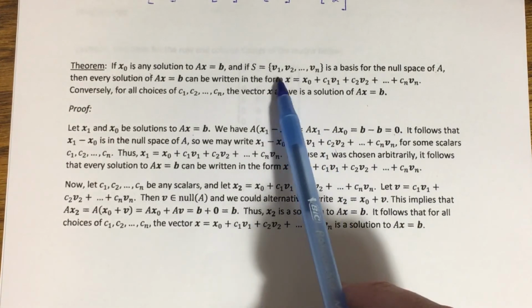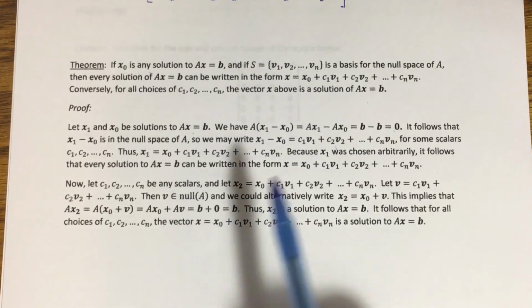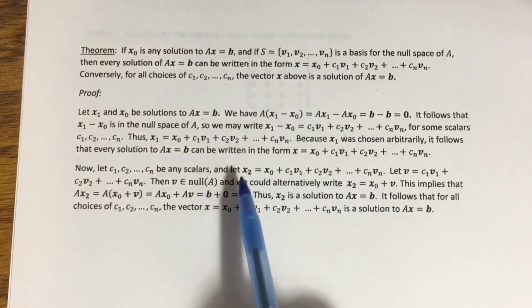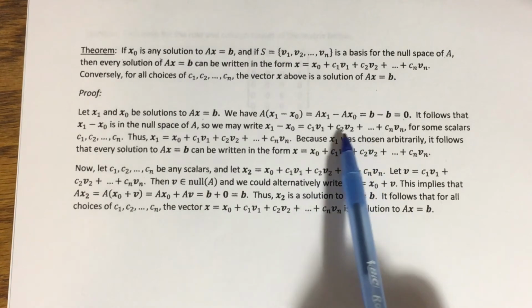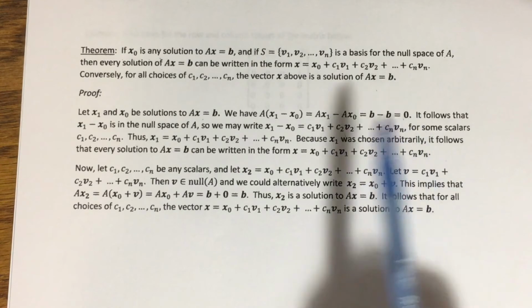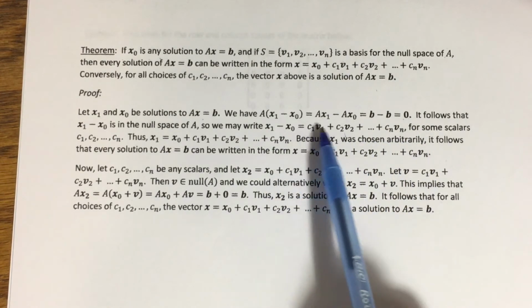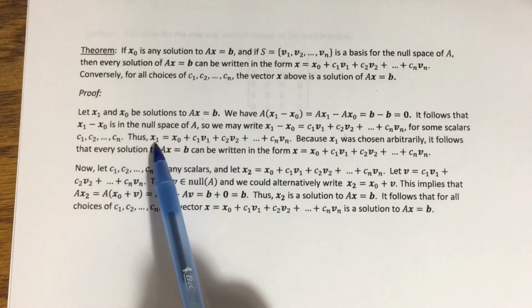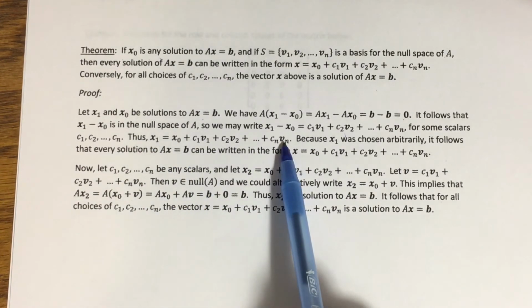So any vector in the null space of A can be written as a linear combination of these. In particular, I can take my vector x1 minus x0 and write it as a linear combination of those n vectors. Then if I take this equation and add the x0 over, I end up with x1 equals x0 plus that linear combination.